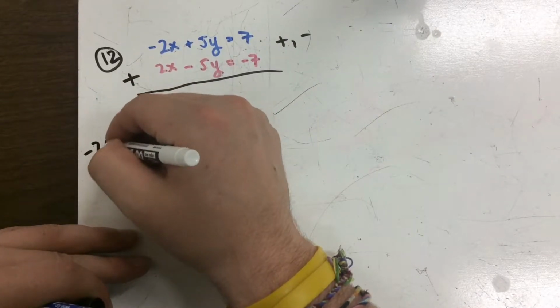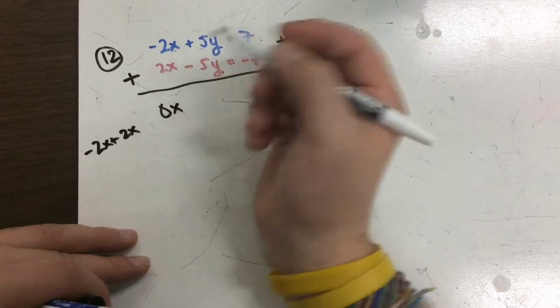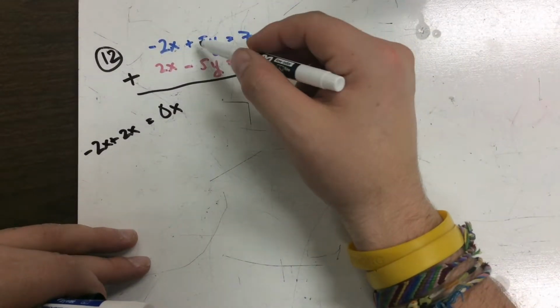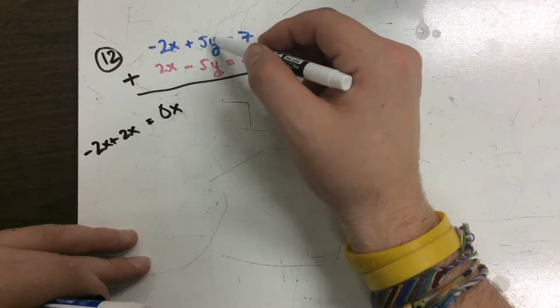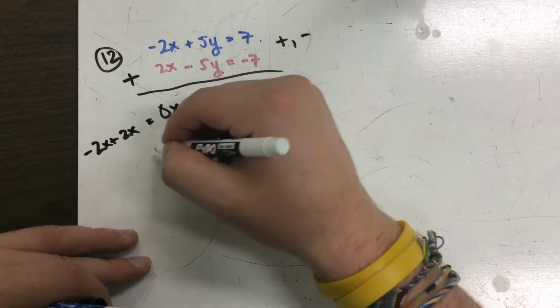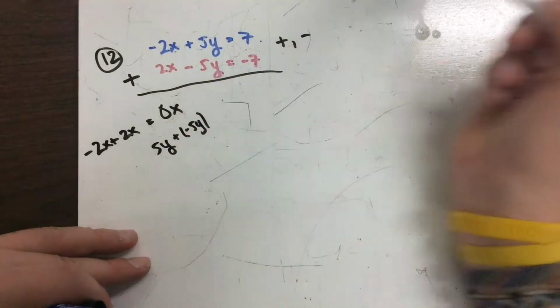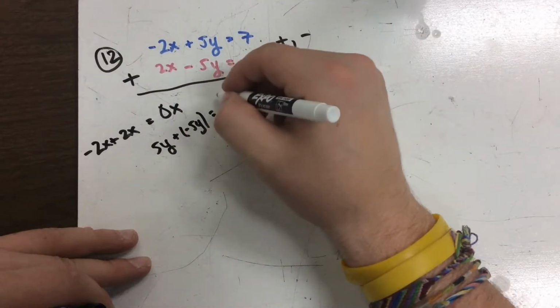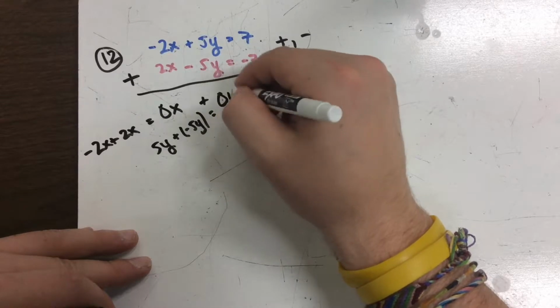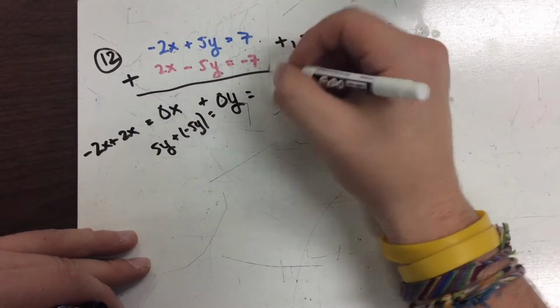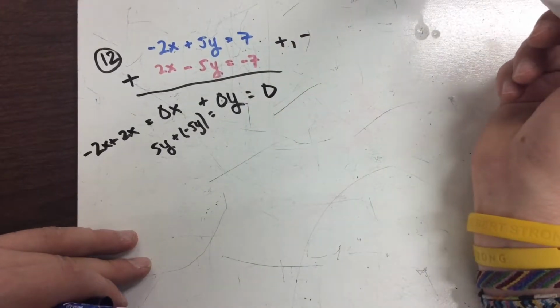Next, you'll have 5y plus negative 5y. That's going to give me 0y. And lastly, I have 7 plus negative 7, which also gives me 0.